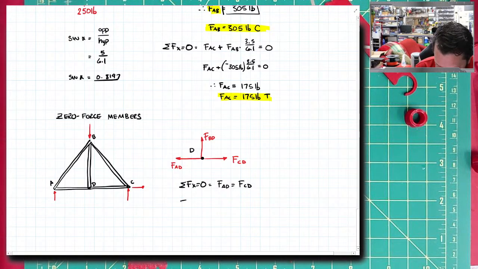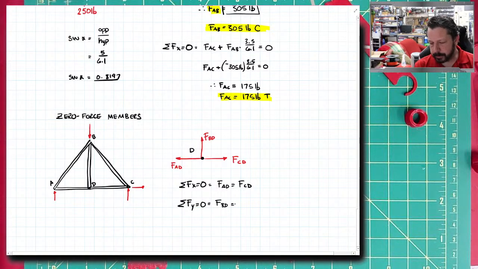But when I write summation of forces in the y direction equals 0, I get FBD equals, there are no forces in the y direction except it, so it equals 0. So force BD, even though there's a piece right here, is actually a 0 force member. You could draw it as a little dotted line.